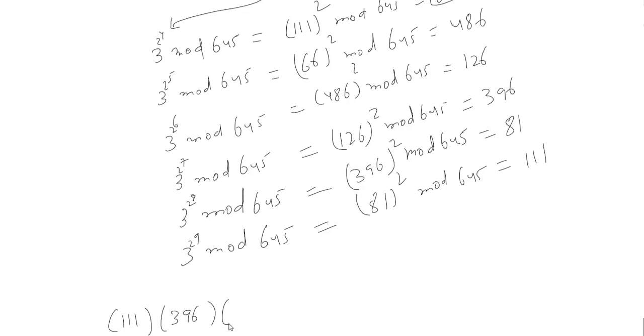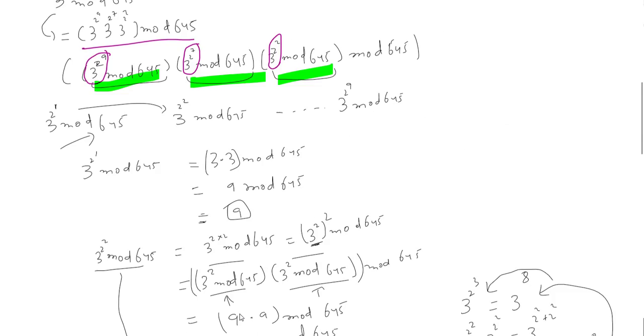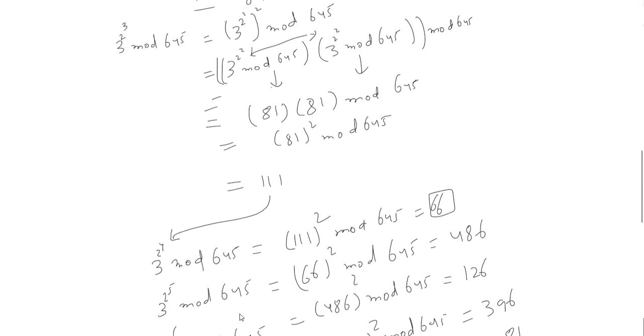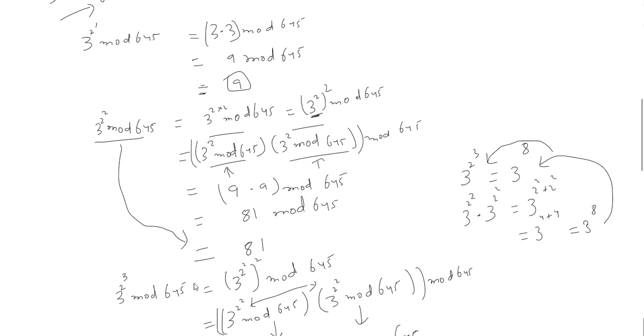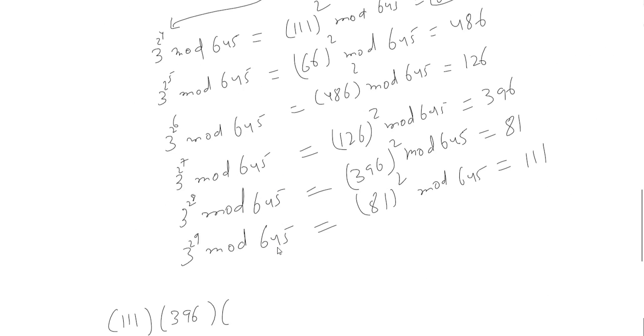And then we have 3 raised power 2 raised power 2. The value that we have here is 81. So we needed this one, we needed this one, and we needed this one. 81 times mod 645.